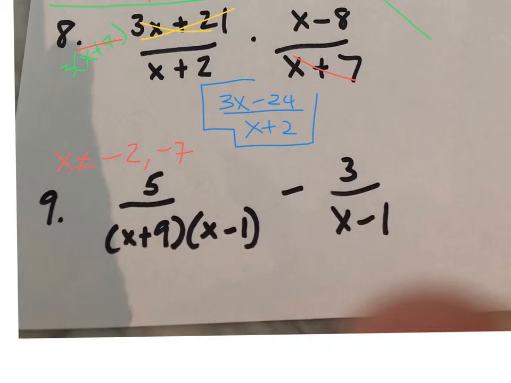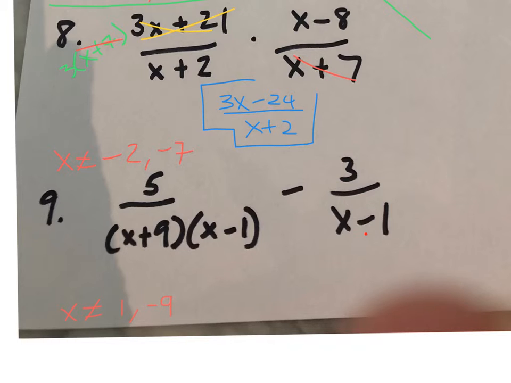And let's see, this one, first of all, the restrictions, of course, are going to be x cannot be 1 or negative 9, and that's due to these guys and also this guy. Now, to find the common denominator, again, you need the least common multiple, also known as the least common denominator.